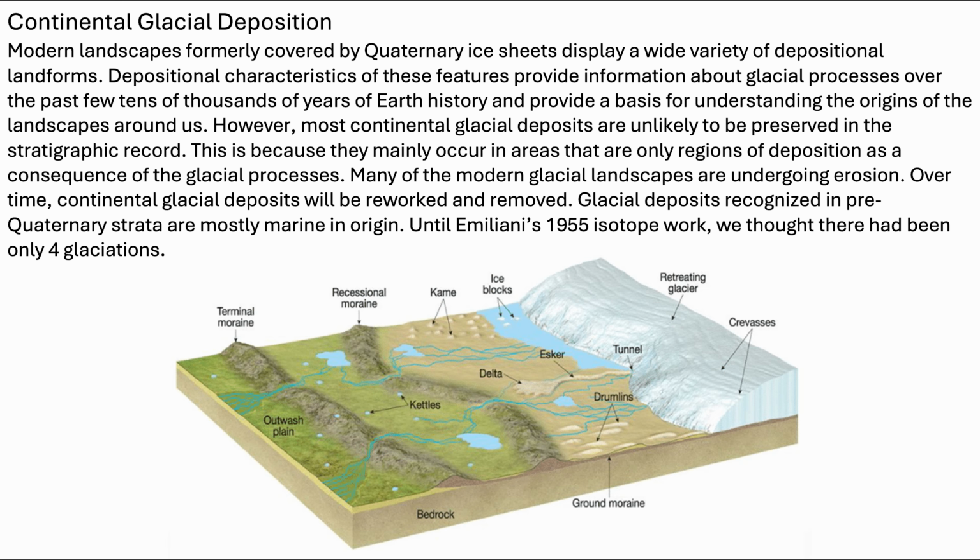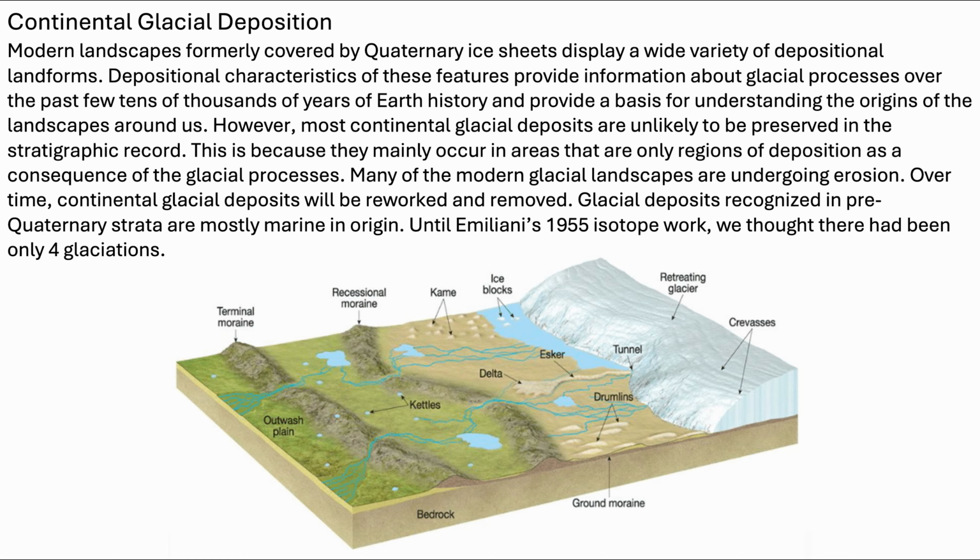So they're ephemeral features. We generate them during glaciation, and then we begin to destroy them as soon as the glacial episode comes to an end. Many of our modern glacial landscapes, therefore, are undergoing erosion. Over time, these will be reworked and removed, essentially erasing the glacial record as time goes on. These are very seldom preserved.